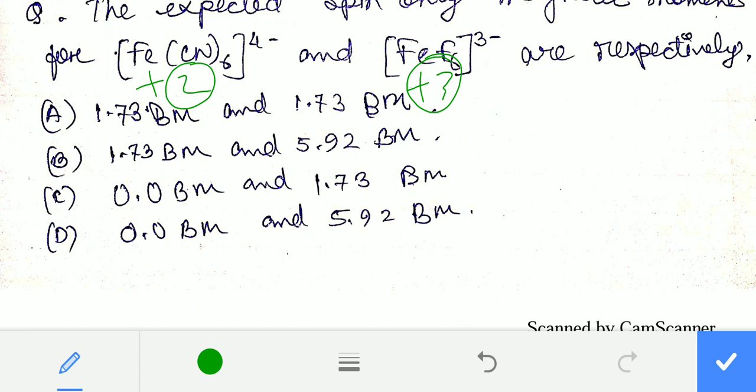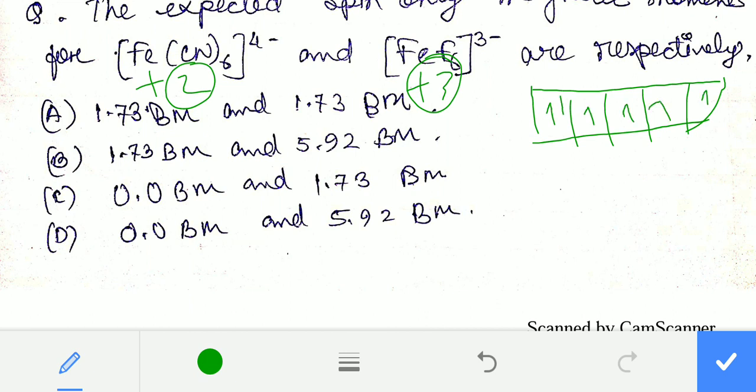For the plus 2 oxidation state, the valence electrons in the 3d orbital will be 1 2 3 4 5, and at last here, 6 valence electrons, that is a 3d6 structure.